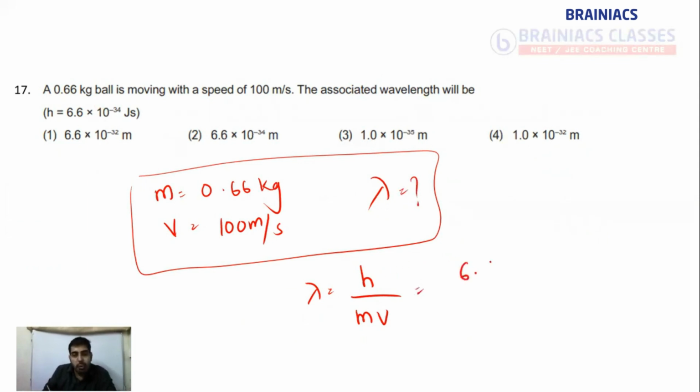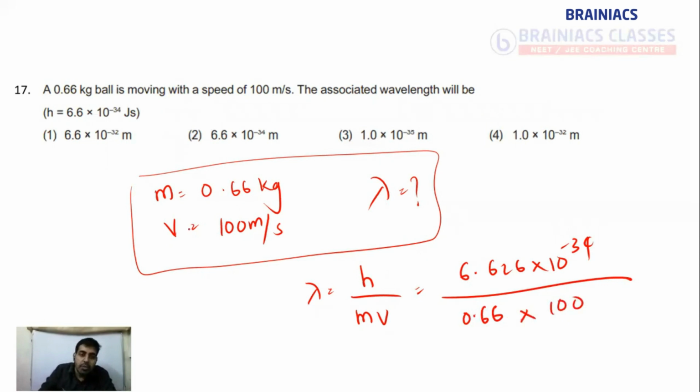H is equal to 6.626 into 10 raised to minus 34, divided by mass 0.66 into velocity 100. Here velocity is expressed in SI unit, and mass is expressed in SI unit, so no need to convert kilograms to grams. Okay, both are in SI units. So 0.66 into 100.